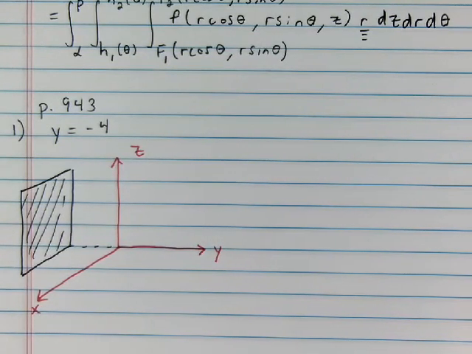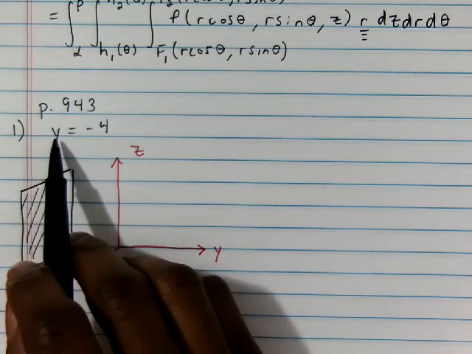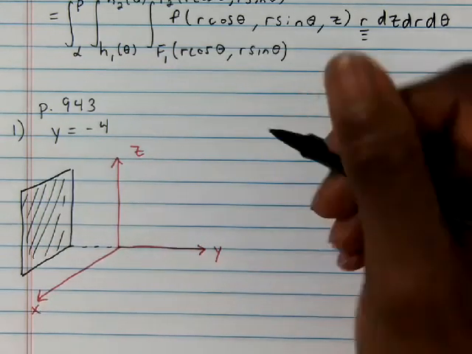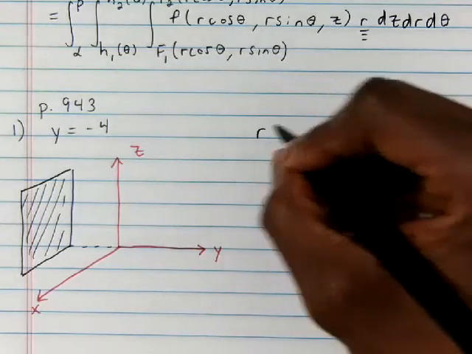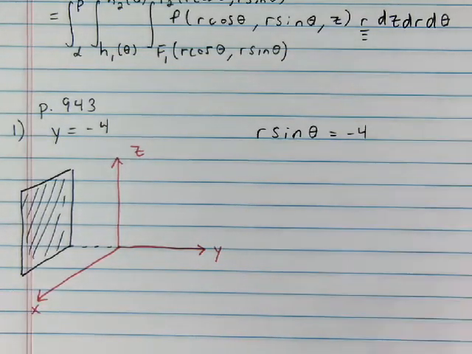So now let's look at the equation of this plane in cylindrical coordinates. In cylindrical coordinates, when you have y, that's the same as r sine theta, same as from polar coordinates. So this is just r times sine of theta equals -4.